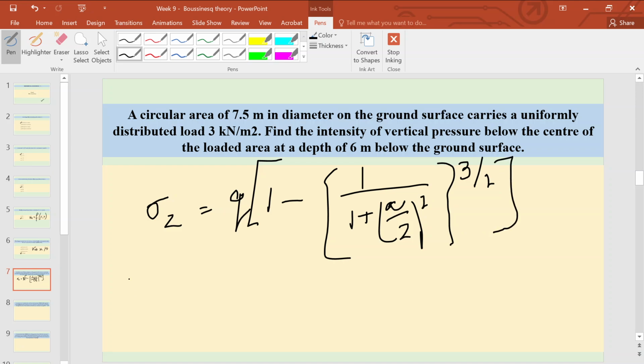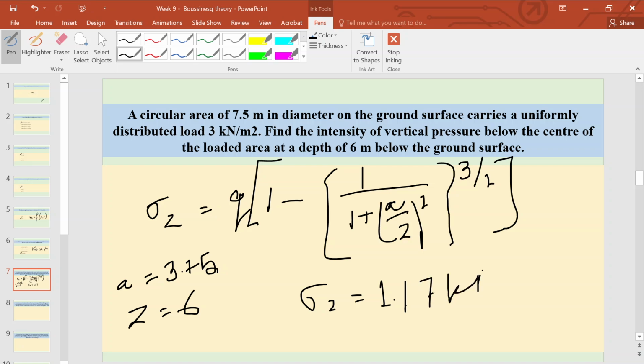Where A was equal to 3.75, and the value of Z was 6 meters. So sigma Z was approximately equal to 1.17 kN per meter square.